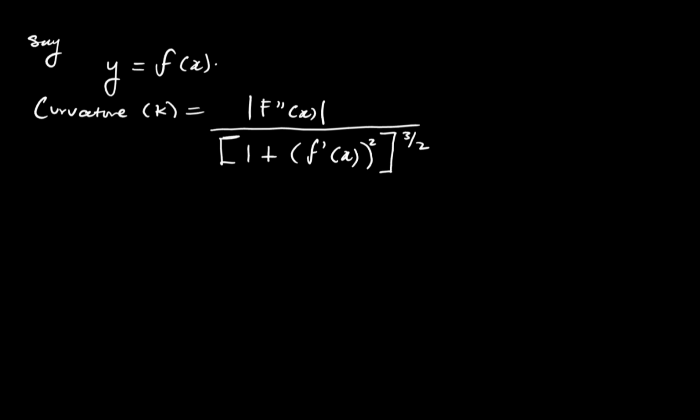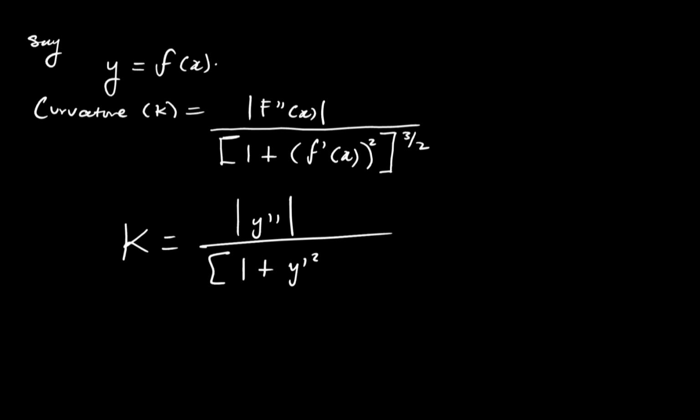So this is the formula. Now other people prefer using the formula where you write k as equivalent to y prime prime over 1 plus y prime squared, and then this is all raised to 3 over 2.